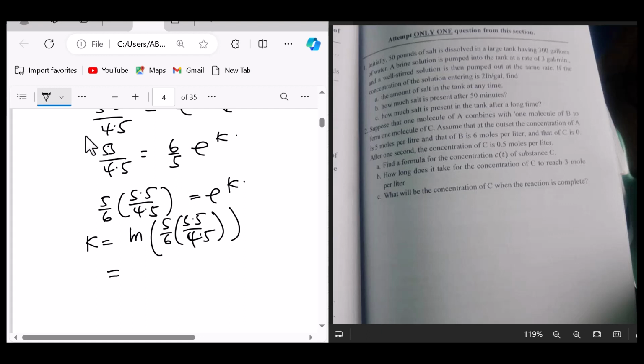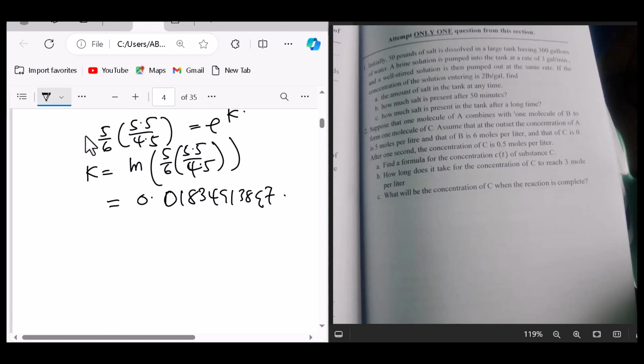So that's just 0.01834913867. So we have this as our k. So therefore we can write this as (6 minus C) all over (5 minus C) equals e power kt. This is the key.